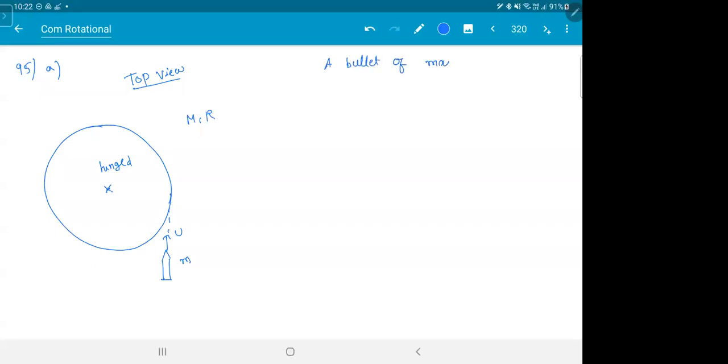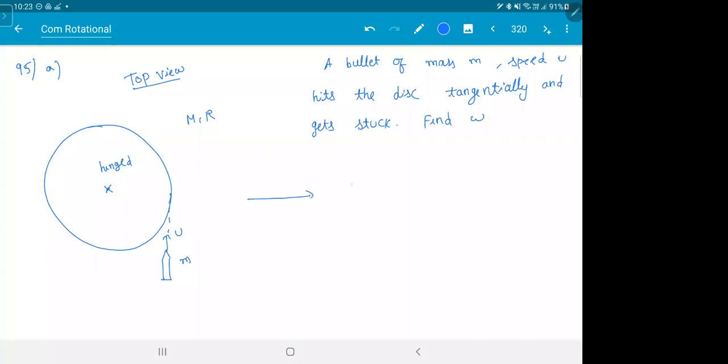Bullet of mass M and speed U hits the disc tangentially and sticks. And basically gets stuck. Find omega.